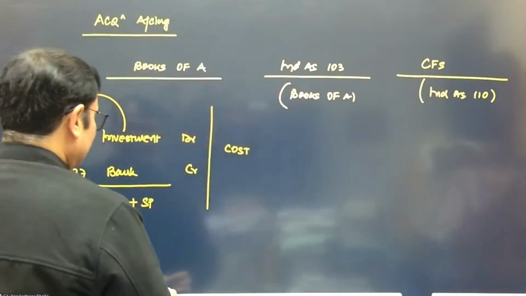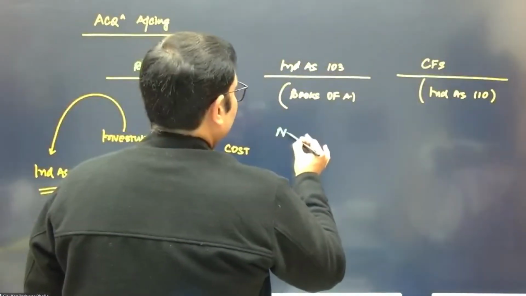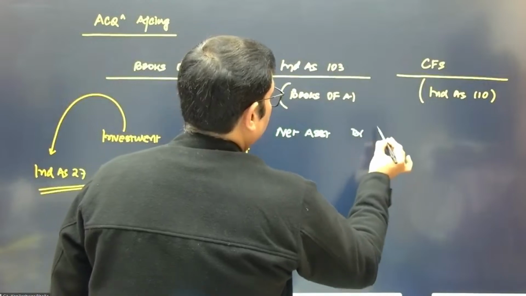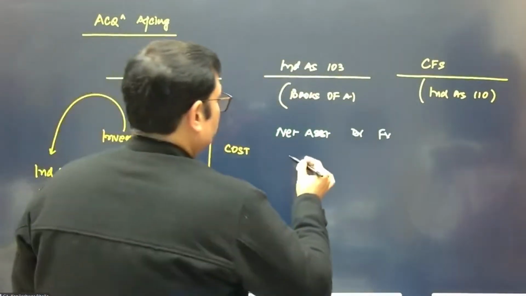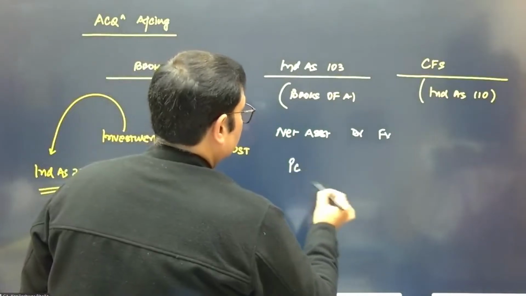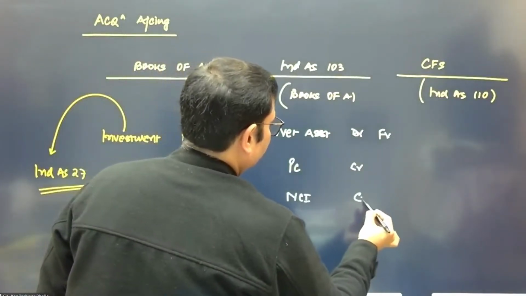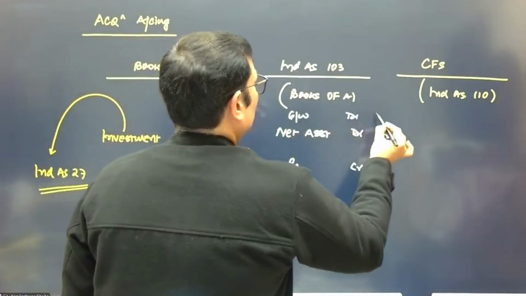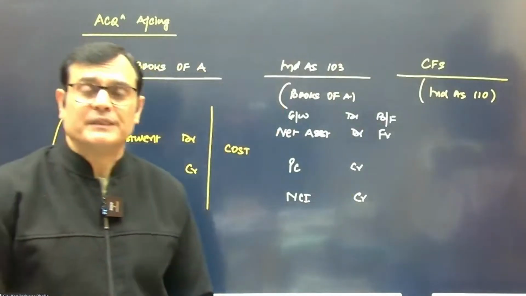In terms of Ind AS 103, what you did, you put the entry: net assets of the subsidiary taken at fair value, and you give a credit to the purchase consideration and a credit to the NCI. And you get a balancing figure in this entry, which is supposed to be goodwill. This is what you do in terms of Ind AS 103.